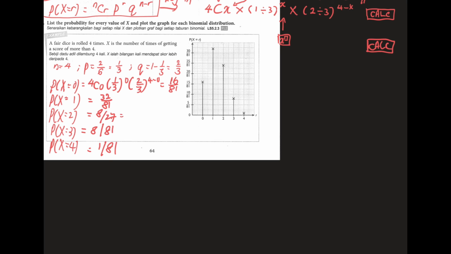So then you get 24 over 81. You will see this one is around 24. This is 25, so 24 is there. Likewise for 8 over 81, you can see here, this one is a little bit below 10, so that is 8 over 81. And finally, this is 1 over 81. You can see it there. So that is how we sketch the graph.